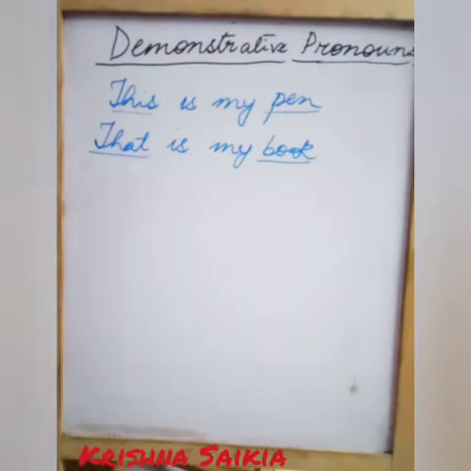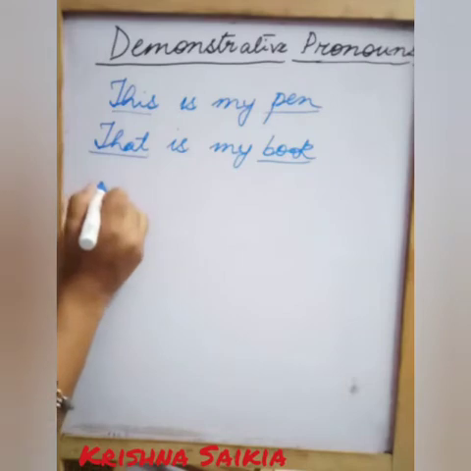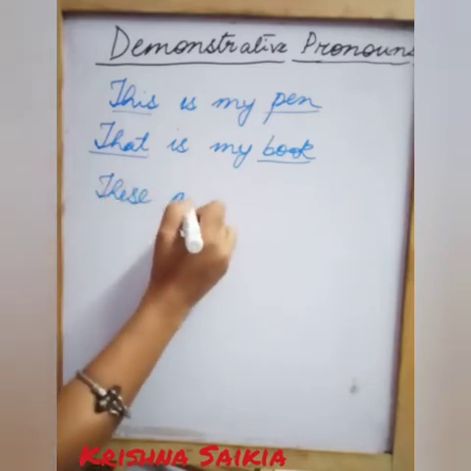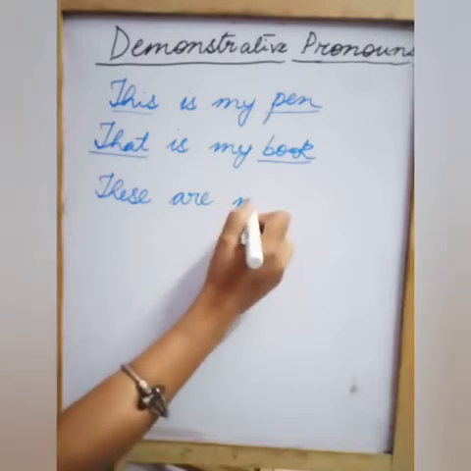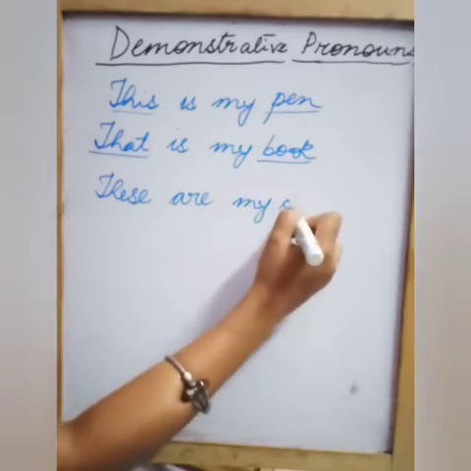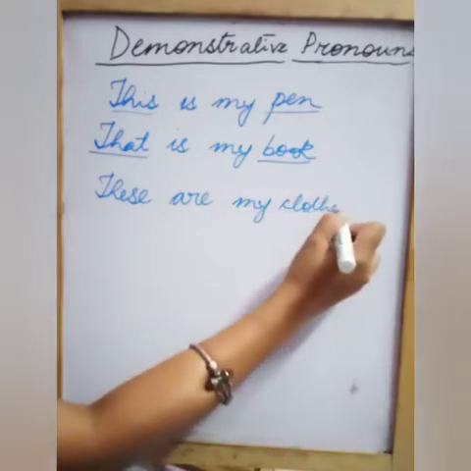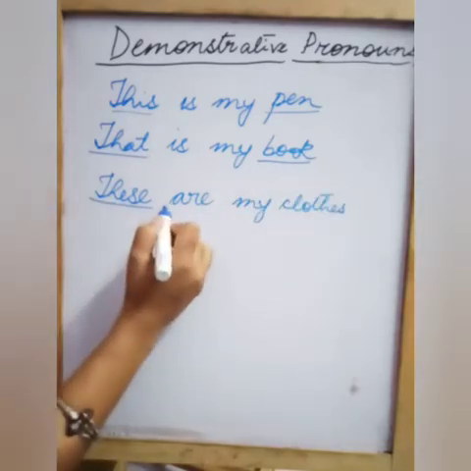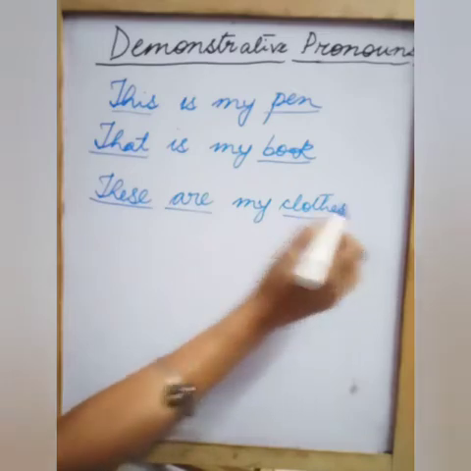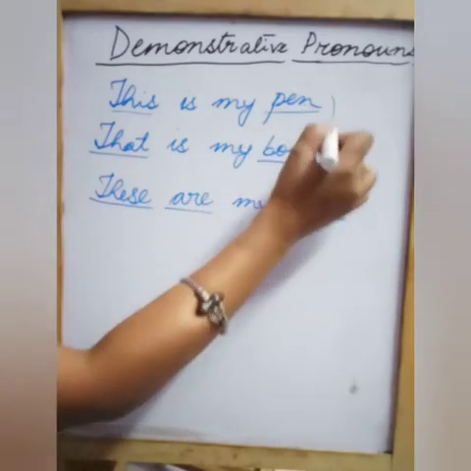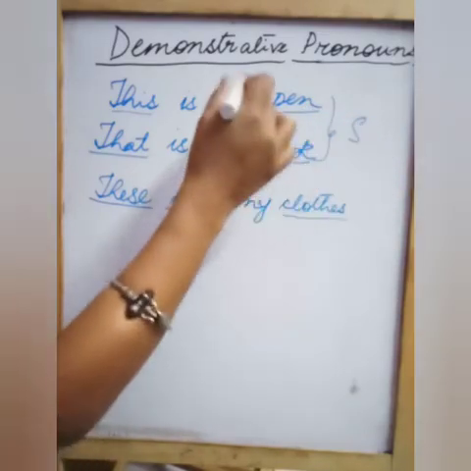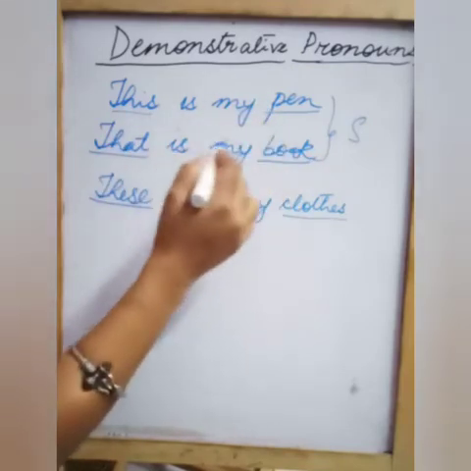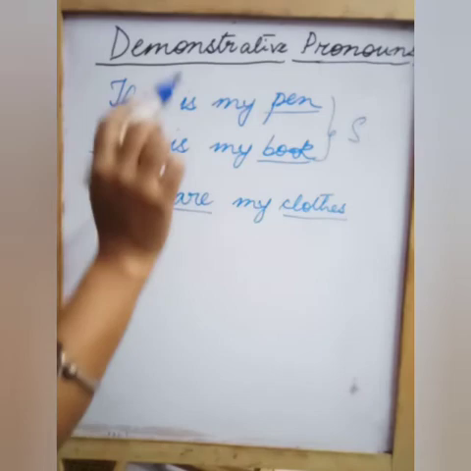Now suppose I write, see this, these are my clothes. Fine. I wrote these are my clothes. Plural. This one is singular. One object is near me, in my hand. One object is far away from me, visible to me.